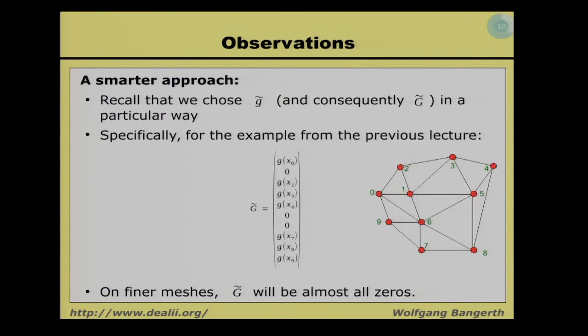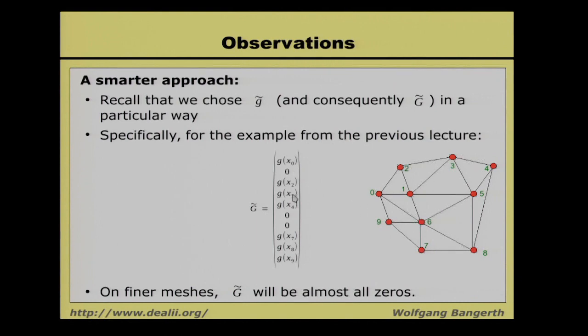To understand why that is so, let us look at how this vector g tilde, for example, looks. I chose this g tilde in a way that it has the correct values for all boundary nodes, and it is 0 in the interior. So g tilde is 0 for nodes 1, 5, and 6.